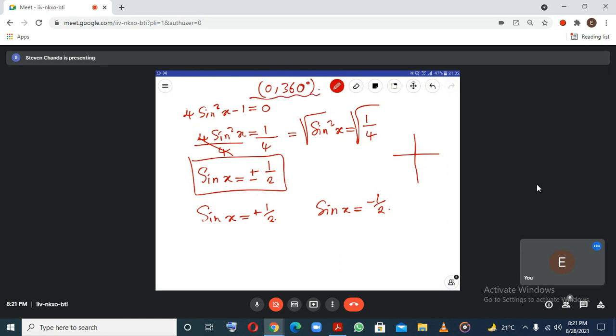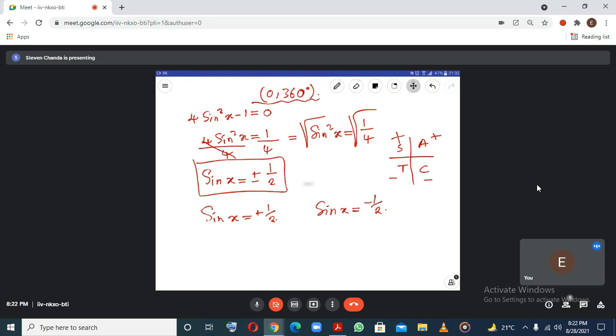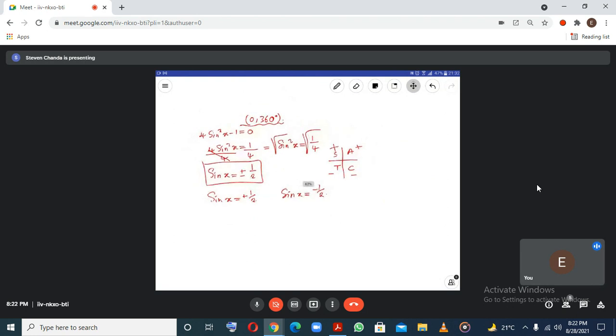So all students take coffee. Sine is going to be positive in the first and second quadrant, and since there's also the negative one, it's also going to be negative in the other two. So for this one, you're going to have 2 answers, and for the other one, you're going to have 2 answers as well.